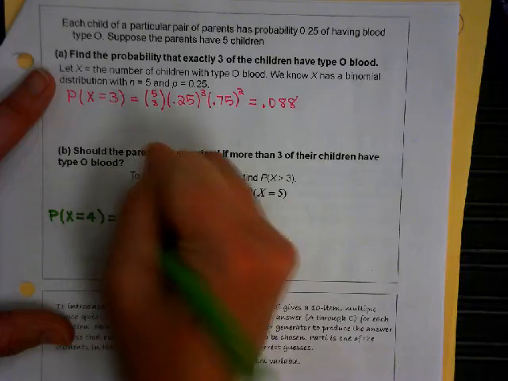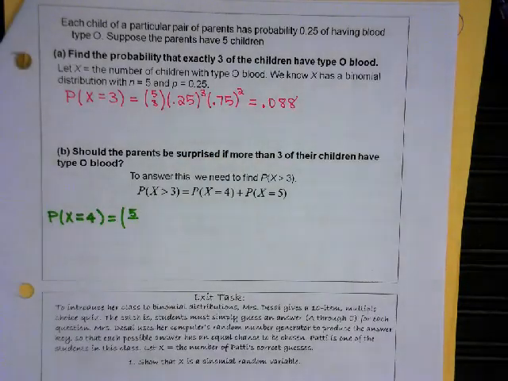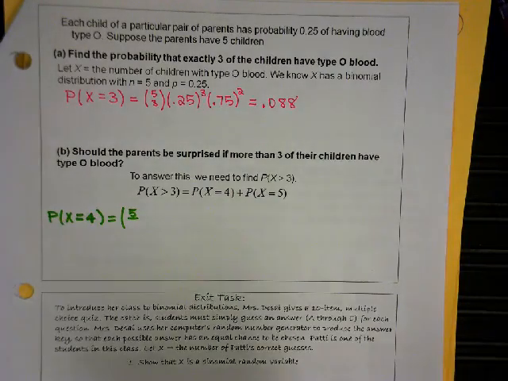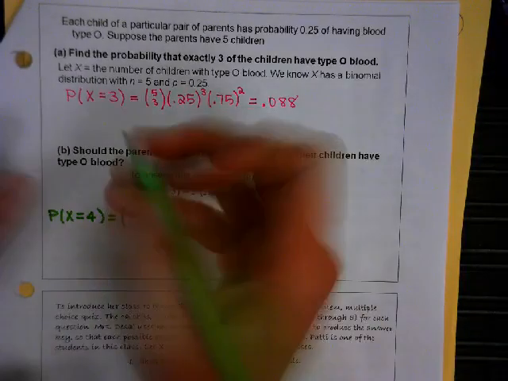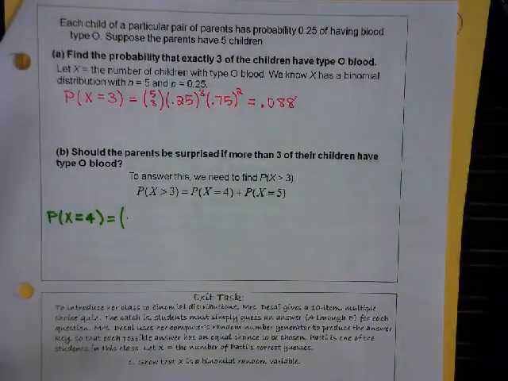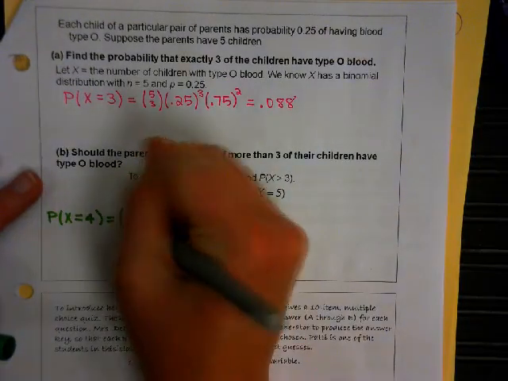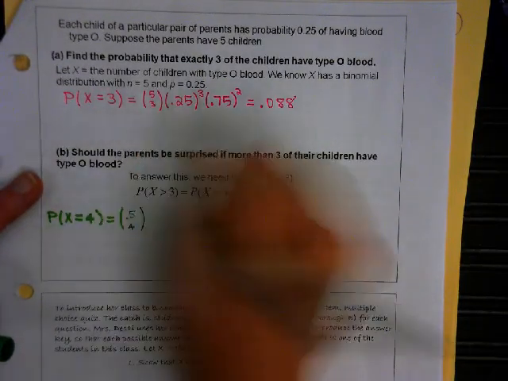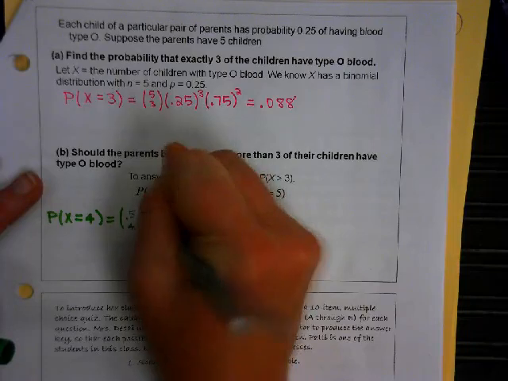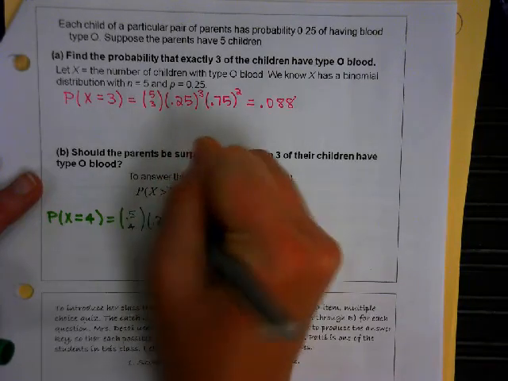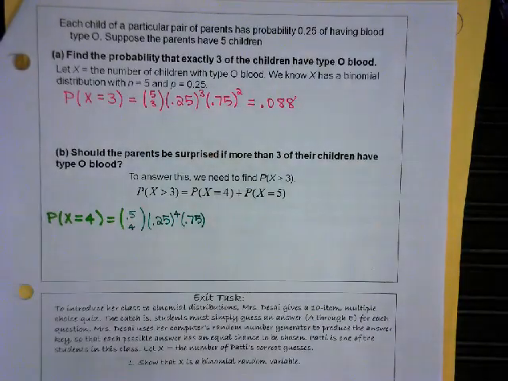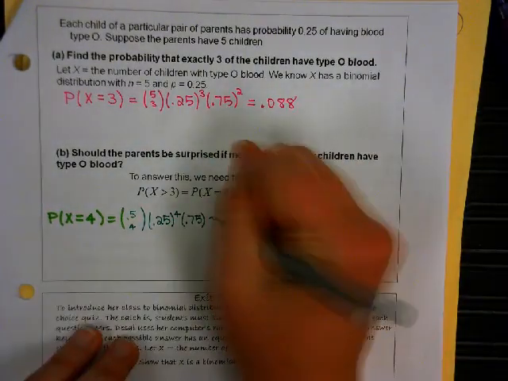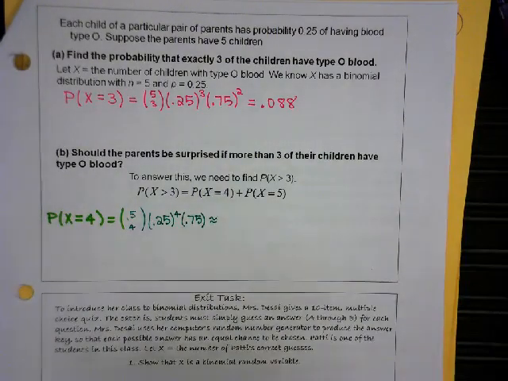5 choose 4, and then we have 0.25. We want 4 successes times failure. There's only 1 failure. And that's going to come out to some number for us. And then the probability that X equals 5, we're going to do 5 choose 5, which, by the way, is just 1, because there's only one way you can have 5 successes in 5 kids.